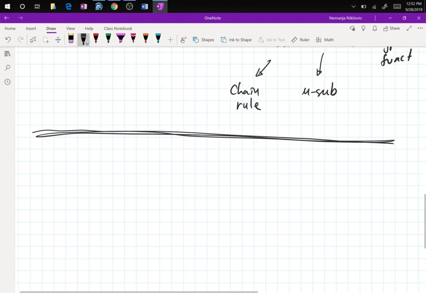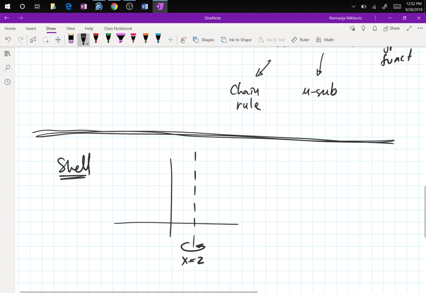So shell is the good one for that, for instance, because you have that p of x that I talked about. So if you have a shell problem and you are rotating around, let's say, x equals 2, and let's say you have a square root function that started there, but that square root obviously is going to be square root of x minus 2 because it's shifted to the right.